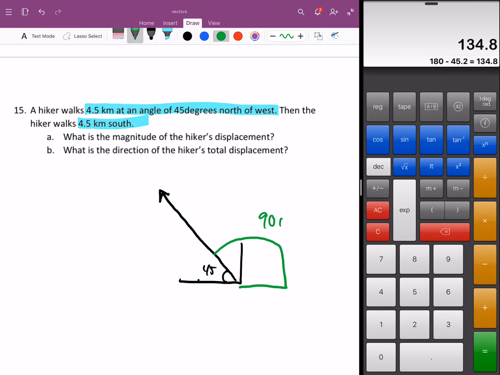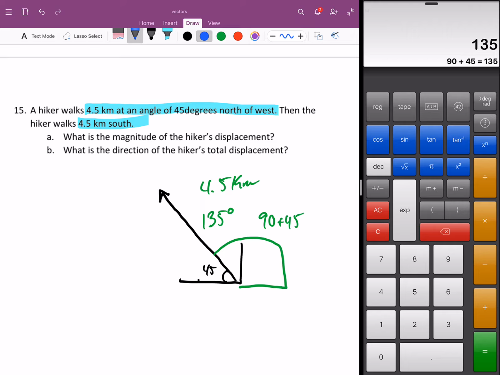So 90 plus 45, you have 135 degrees. And the magnitude is 4.5 kilometers.